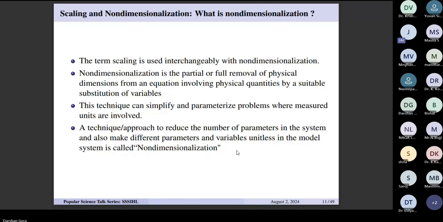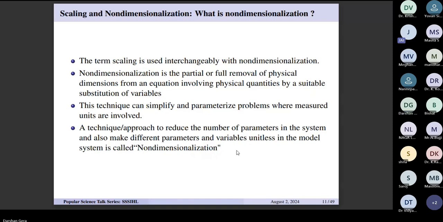That's it. Scaling and non-dimensionalization are used interchangeably. They are the same thing. Scaling is a trick that gives you the idea of how to non-dimensionalize the given differential equation. Non-dimensionalization is the partial or full removal of physical dimensions from an equation involving physical quantities.